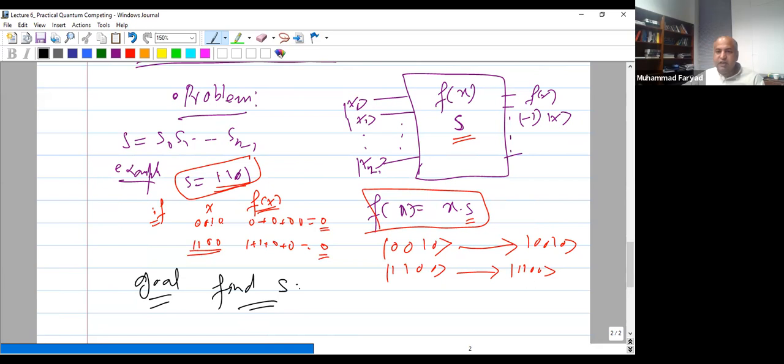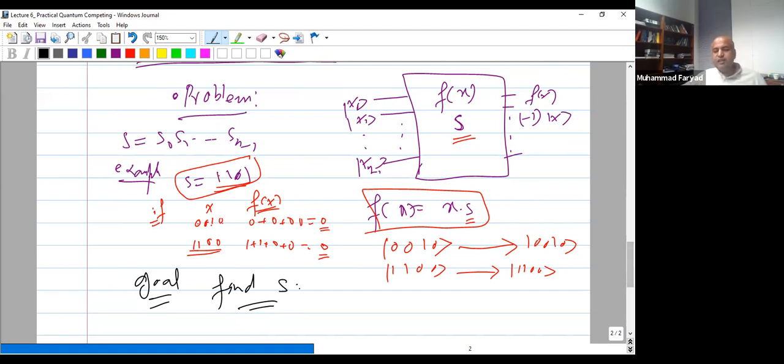And Bernstein and Vazirani realized that using Deutsch-Jozsa's algorithm, but with this function, they can find this secret bit string in just a single query. So everybody understands the problem.